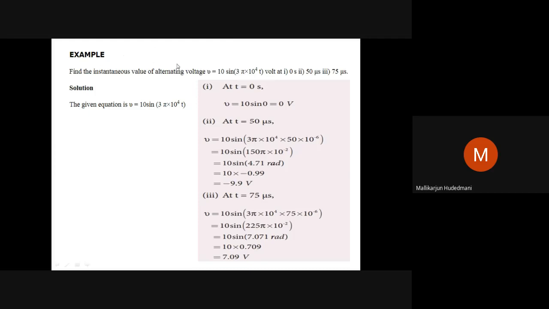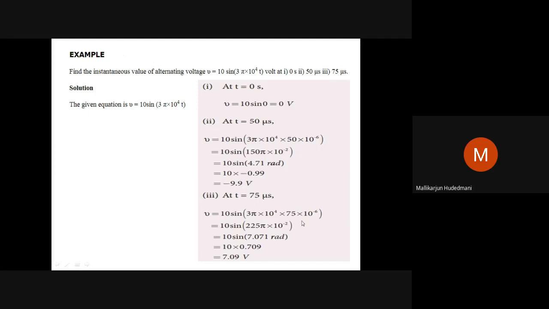So in the position of t, substitute the given time. For 0, it should be 0. For 50 microsecond, we can see 10 sine 3 pi 10 to the power 4 into 50 into 10 to the power minus 6. It is substituted, so work in radians mode and get the value. Similarly for 75 microsecond, you have to substitute the time as 75 microsecond.